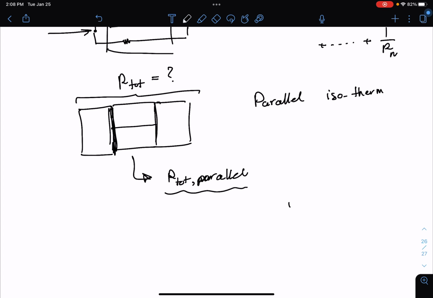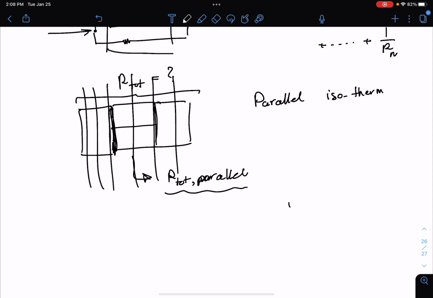So if you were told that this case is a case of parallel isotherms, which is essentially telling you that on these lines we have isotherms, so temperature here is the same as temperature here. Temperature here is the same as temperature here, right? Then yes, you should find the total here based on the parallel assumption, and then treat the whole thing as series.